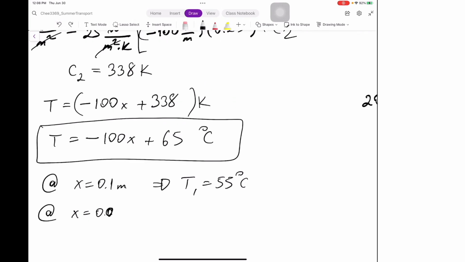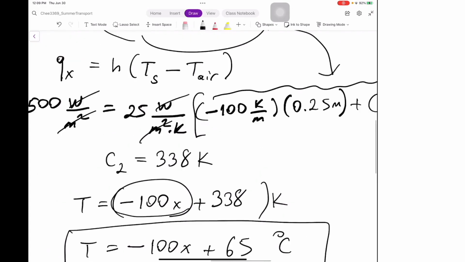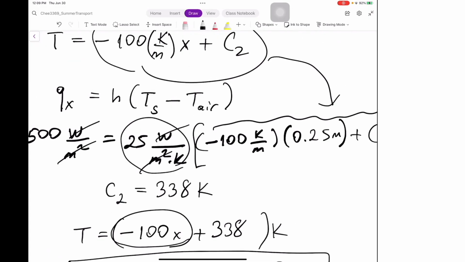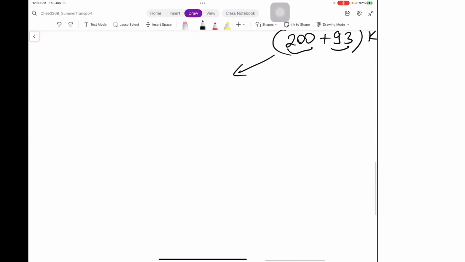Another short answer would be that this corresponds to the differences in the temperatures. Think about h, for example, 25 watt per meter square Kelvin. This Kelvin corresponds to the differences in the temperatures, not the temperature itself, because you're multiplying with T minus T infinity, right?